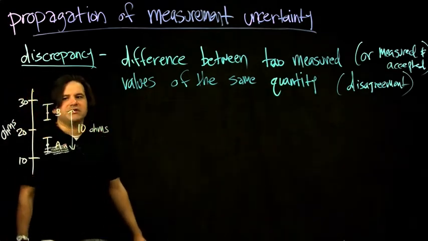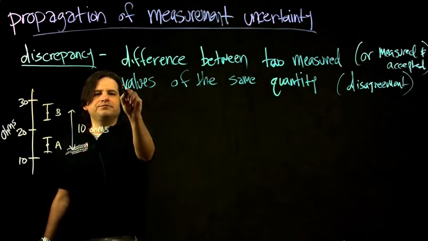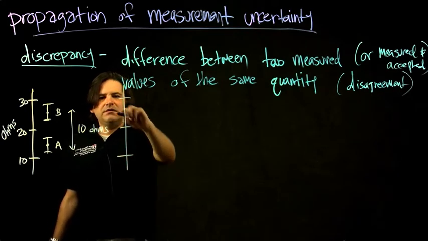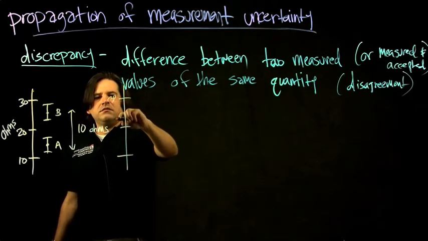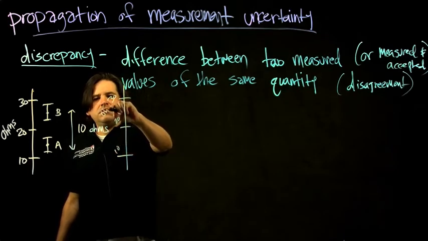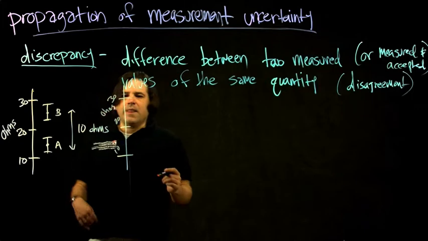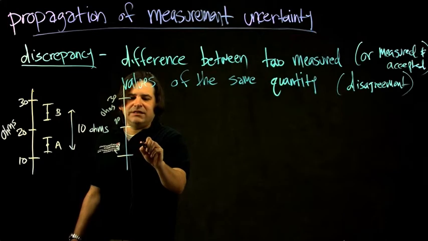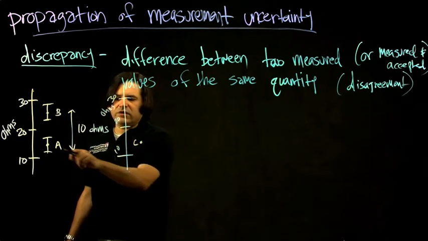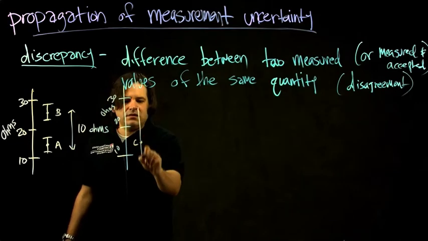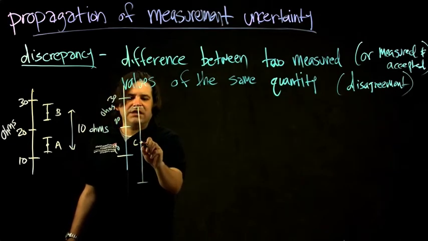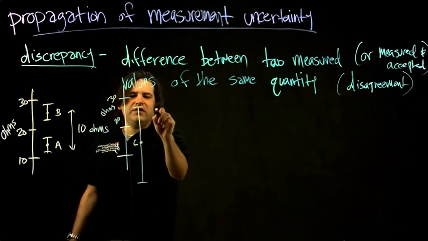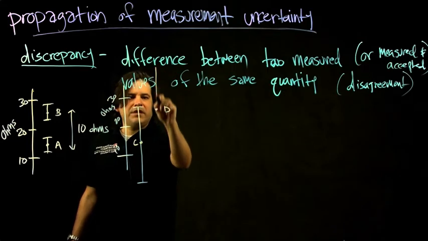Okay, a different situation could occur where, let's say it's the same circuit, the same chart here, and the students get the same values. So let's say student C also gets 15 ohms, but the measurement is imprecise. They have a very big error bar. And student D gets 25, and they have a big error bar as well.